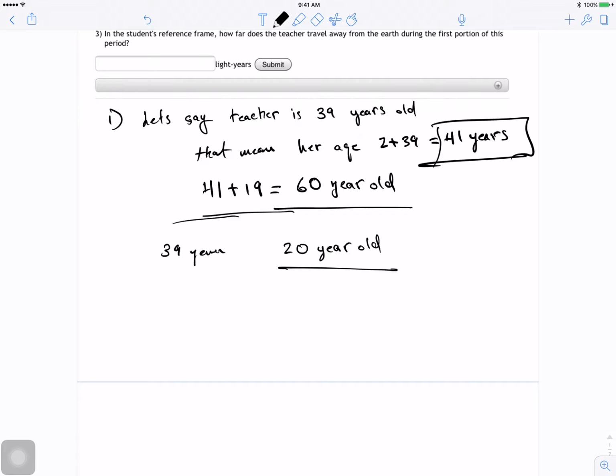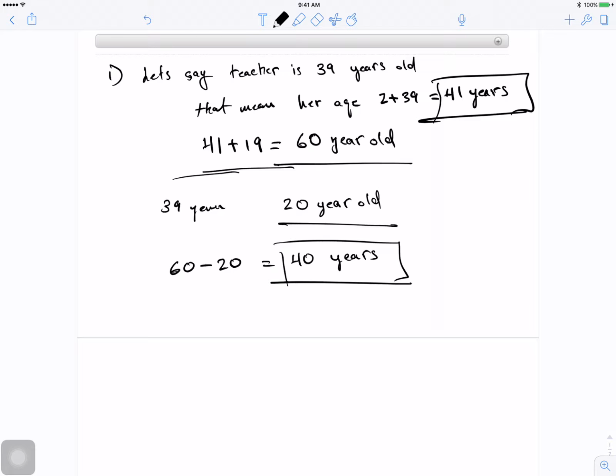So that means the student needs to experience 40 years on her Earth time, which is 60 minus 20, equal to 40 years. That's on our time on Earth. The student is going to experience 40 years, and the teacher will only experience 2 years.